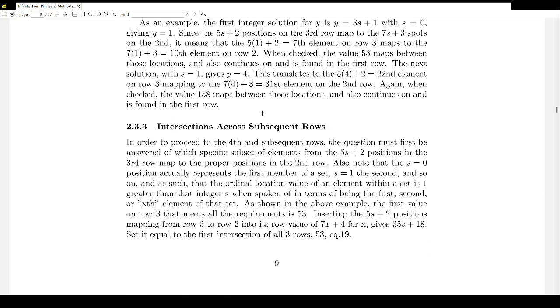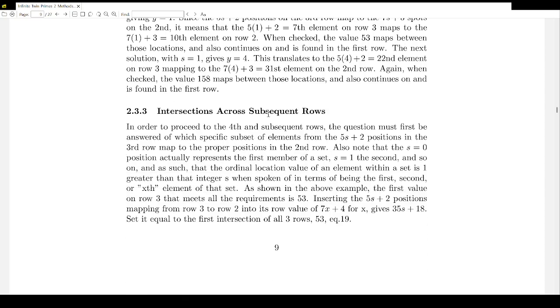So now we did the first 3 rows, so now we're going to look at intersections across subsequent rows. In order to proceed to the fourth and subsequent rows, the question must first be answered of which specific subset of elements from the 5s plus 2 positions in the third row map to the proper positions in the second row.